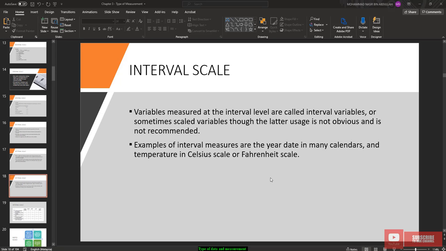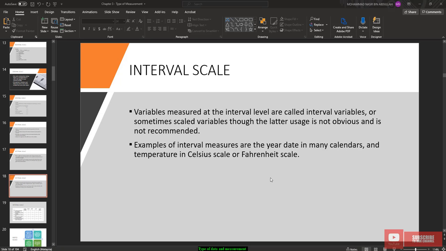Another point about the interval scale is that the zero value is not a true zero. For example, 0 Celsius and 0 Fahrenheit are totally different, giving different meanings, right? 0 Celsius means that we are at a very cold position, while 0 Fahrenheit doesn't mean that we are at a zero position.